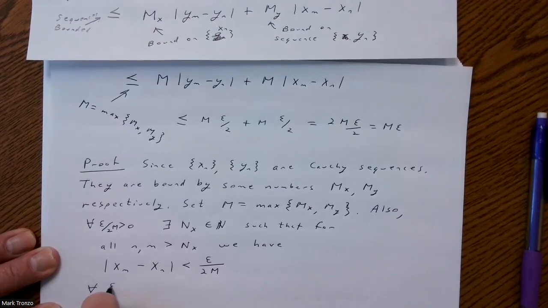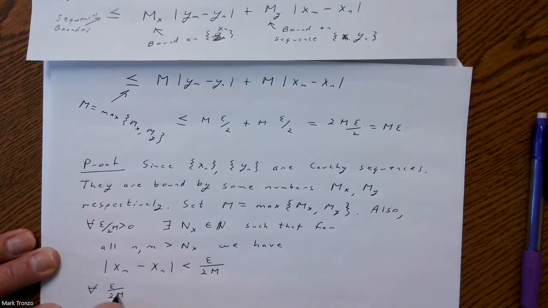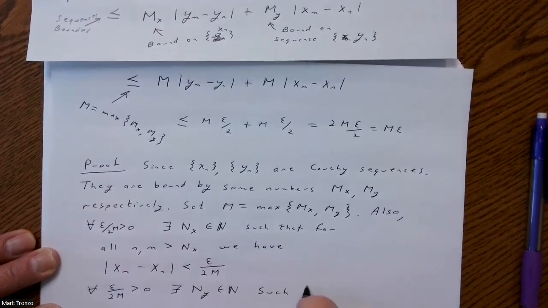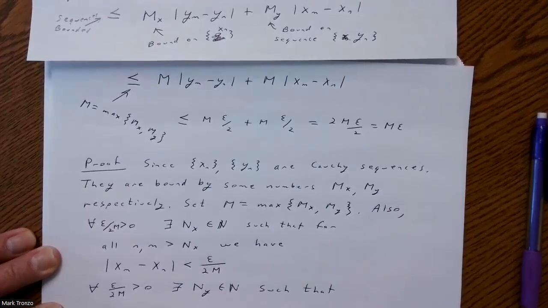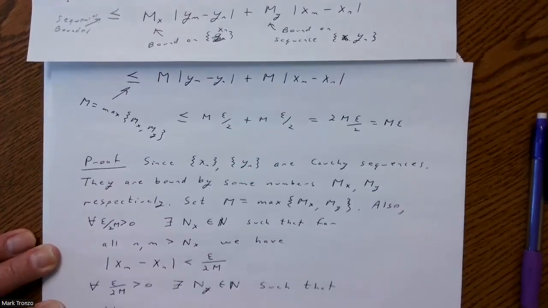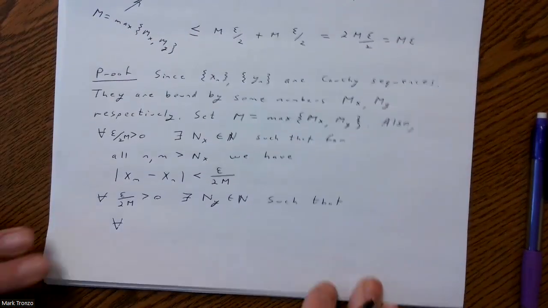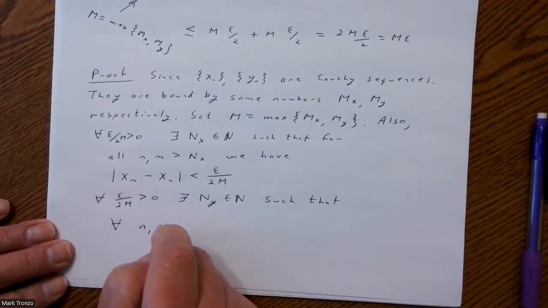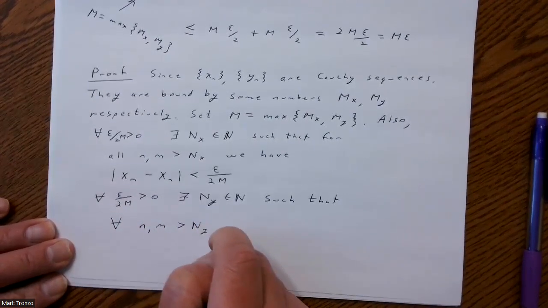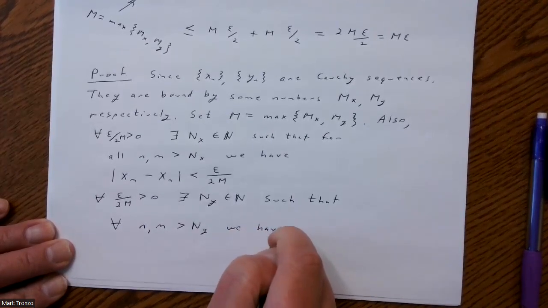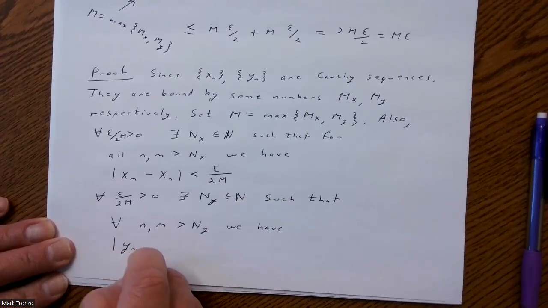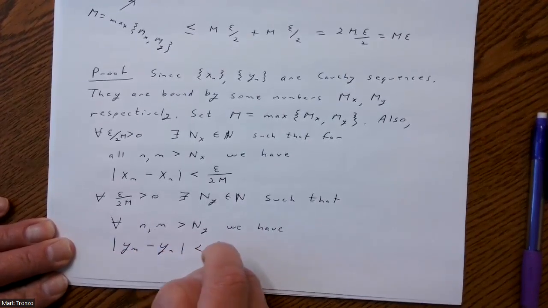For all epsilon over 2m, excuse me, 2m greater than 0, there exists an ny in n such that for all, let me just use a symbol again, sorry, that for all n, m greater than ny, we have |ym minus yn| less than epsilon over 2m.